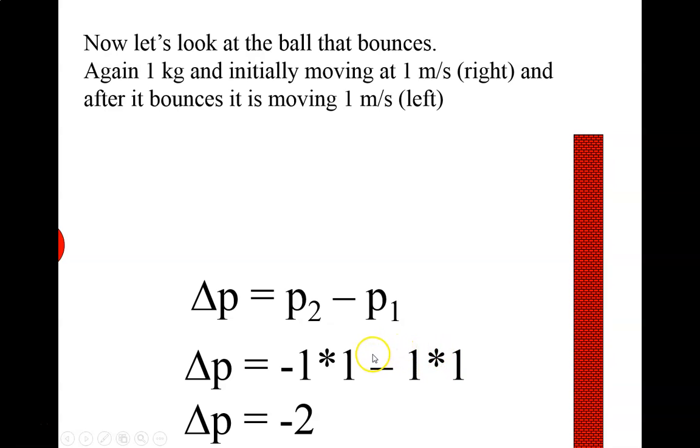So it's that negative velocity that gives me -2. So I actually have twice the change in momentum bouncing back, and that makes sense. First you've got to bring the ball all the way to a stop, and then you have to accelerate it back all the way to its initial velocity in the opposite direction. So it makes sense if you think about it.